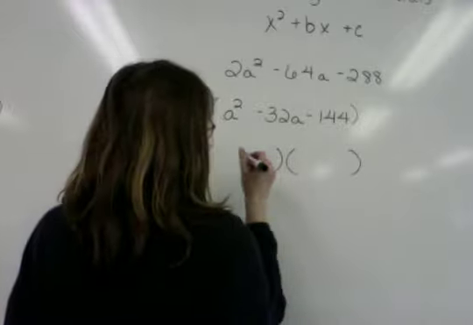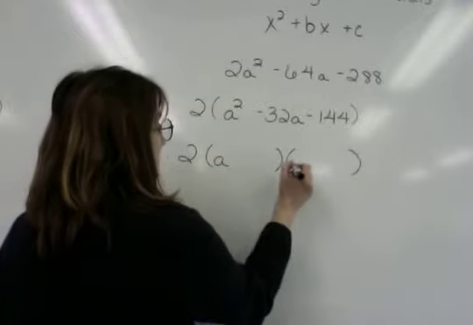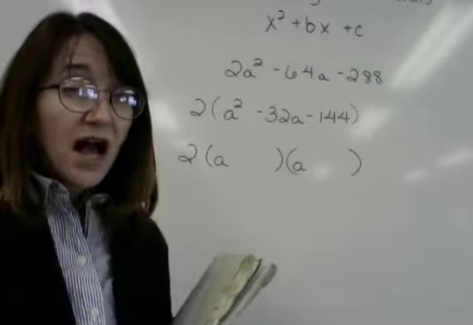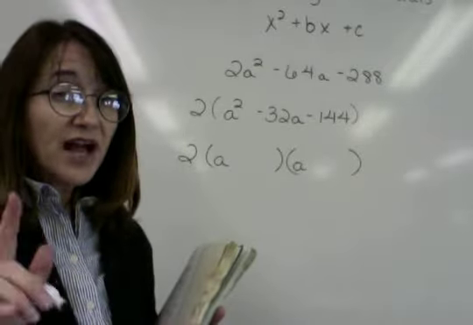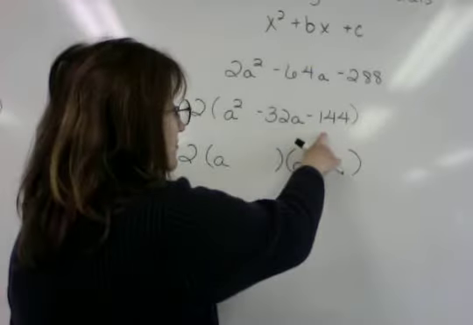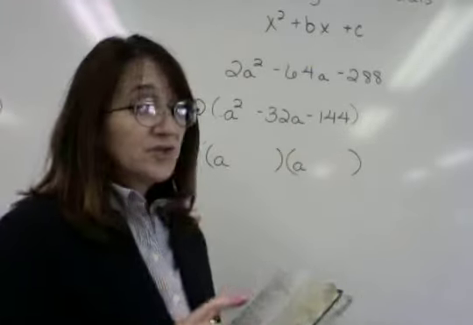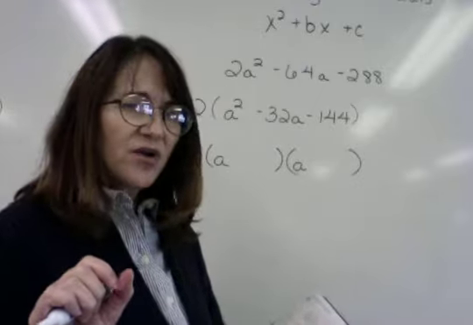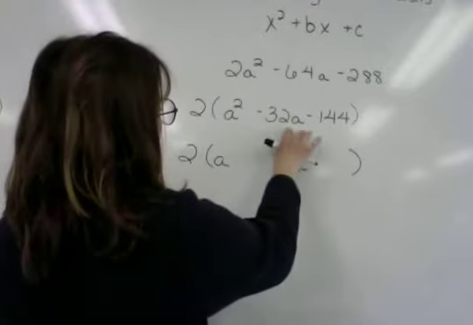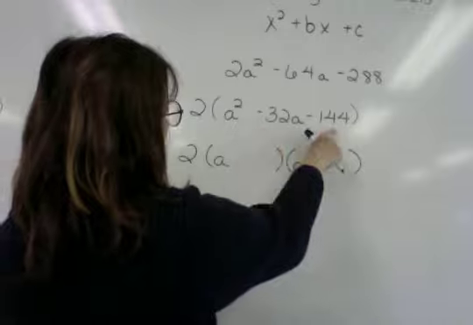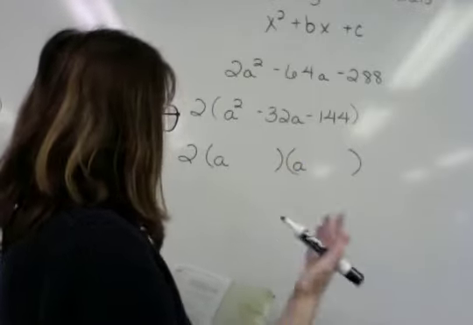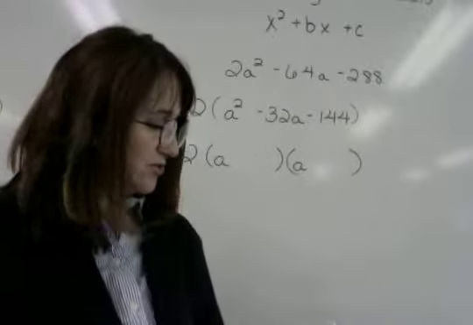And my first 2 factors are just going to be a. Then, I'm going to consider factors of a negative 144 and try to figure out what would those factors be of 144 that when I added or subtracted them, I would end up with a negative 32.